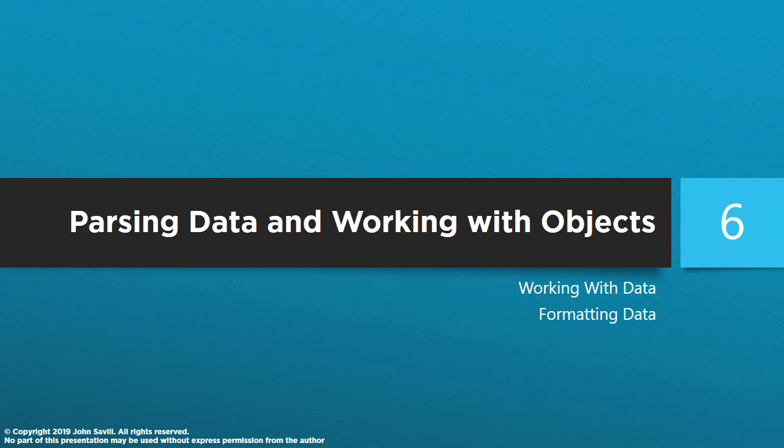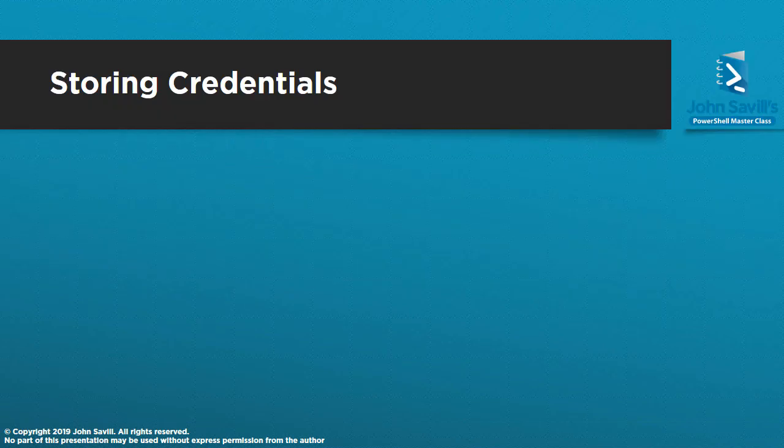So welcome to Module 6, parsing data and working with objects, and a few other things as well that really build on some of the scripting things we did in the previous modules. Now I actually want to start with storing credentials, because most of what we do will have some aspect of interacting with systems, and I need to authenticate to those systems before I can actually perform operations.